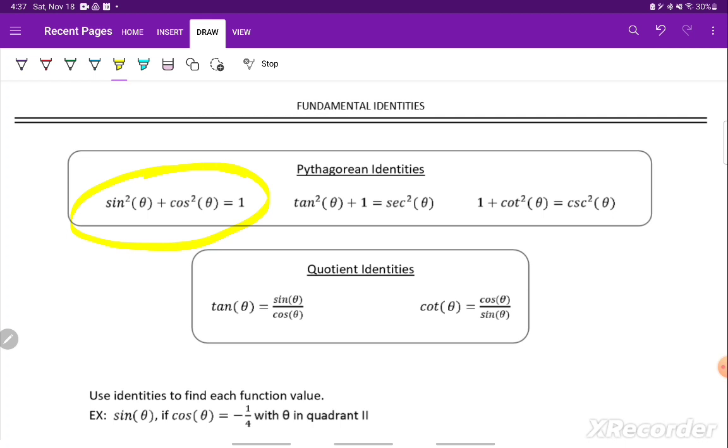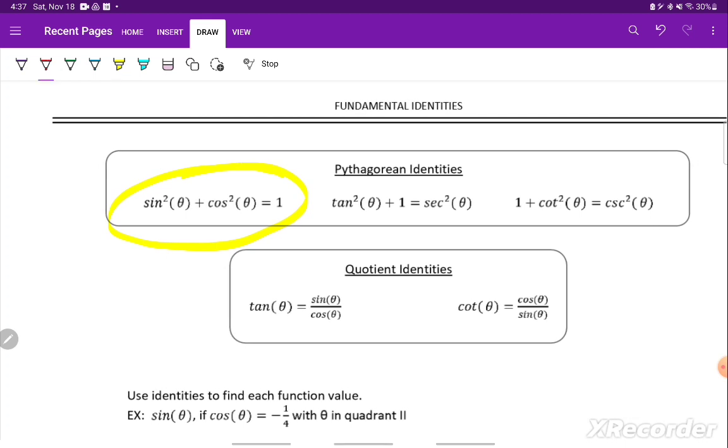These identities are derived from our relationship that x squared plus y squared equals r squared, right, which comes from our Pythagorean theorem.